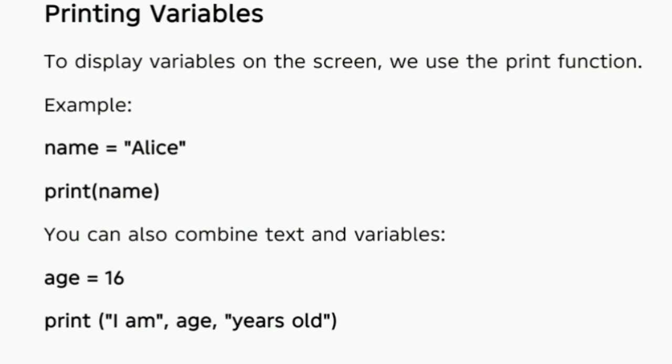We can also create another variable called age and assign it the value 16. When we say print I am, age, years old, we have combined text and integer variables. So this printing statement will display the text I am 16 years old.